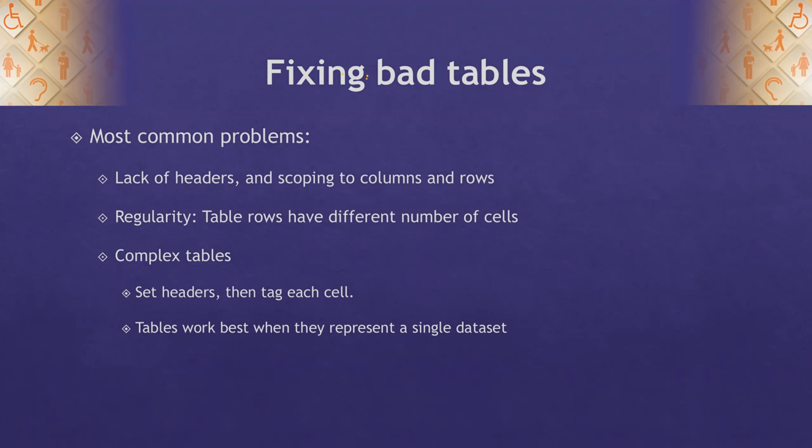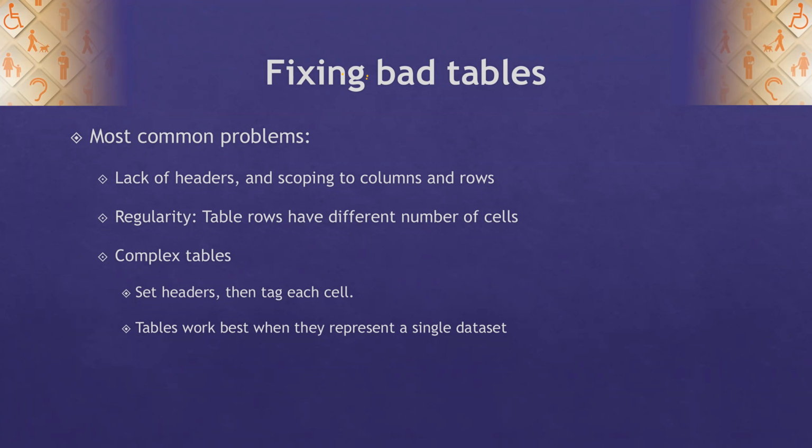The other common problem is complex tables. This is when you might have multiple rows of headings at the top of your table, or you might have breaks in the middle of the table with a new idea.